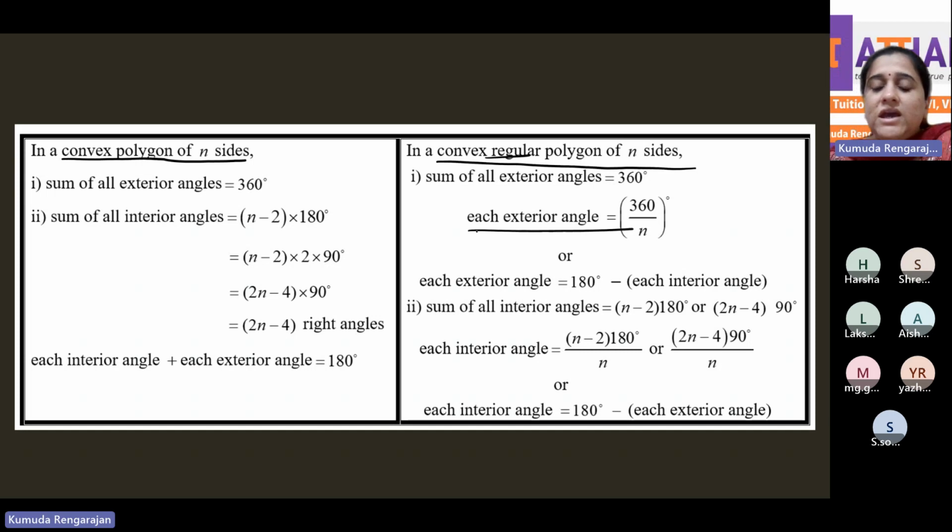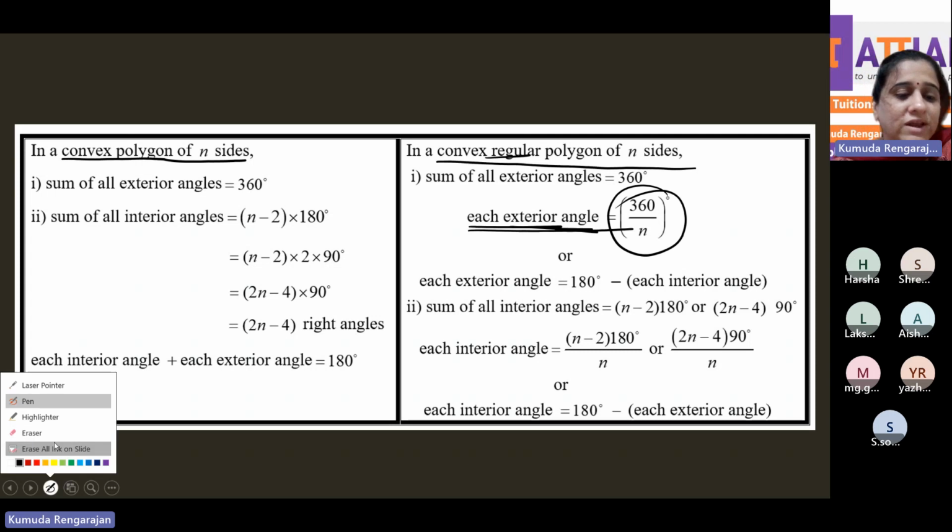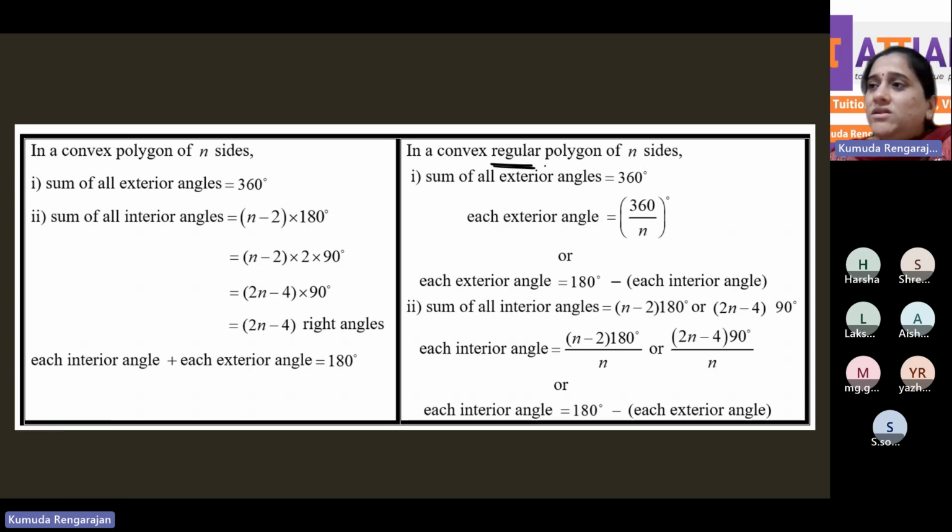If you have to find each exterior angle, then it should be a regular polygon. This formula holds only where it is regular. That means all the sides, all the interior angles, all the exterior angles are equal. Only here you will have this formula: each exterior angle, 360 by n; each interior angle, (n minus 2) into 180 by n.